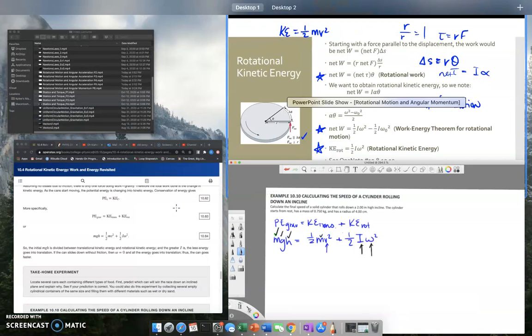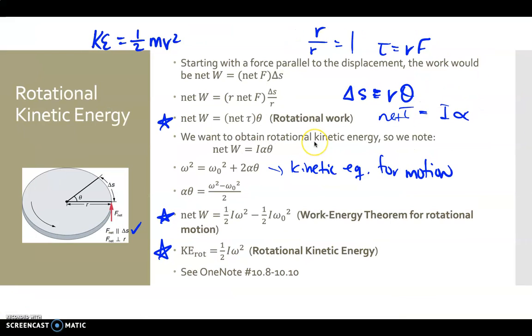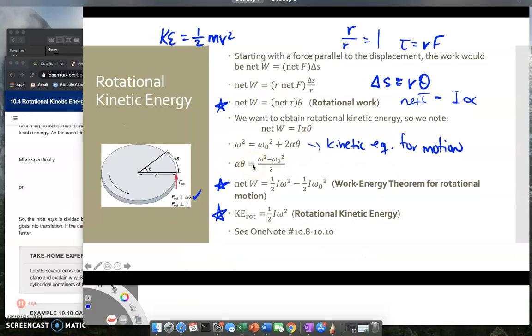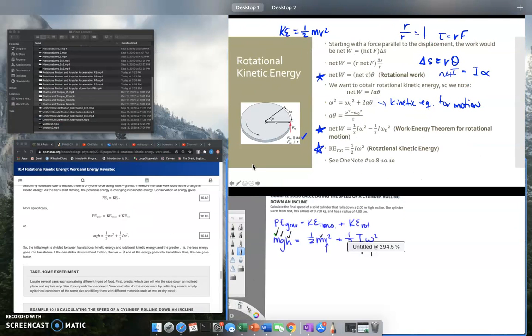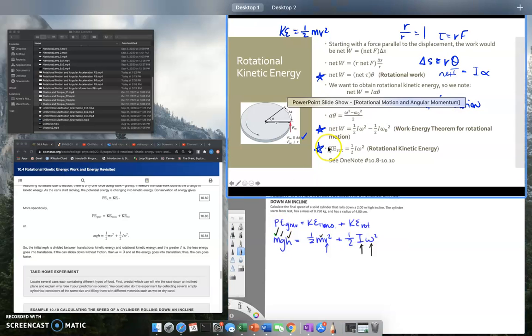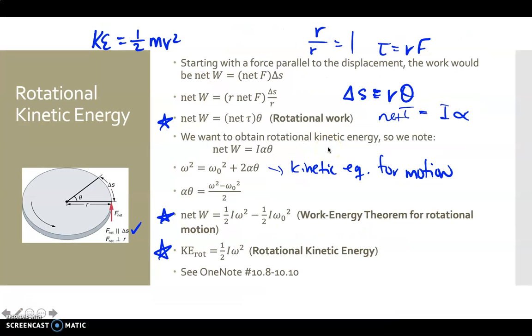Let me see if we can use another equation here. So, omega squared equals omega naught squared plus 2 alpha theta. But we don't have a theta. We also don't have an alpha. So let's see what else we could use.